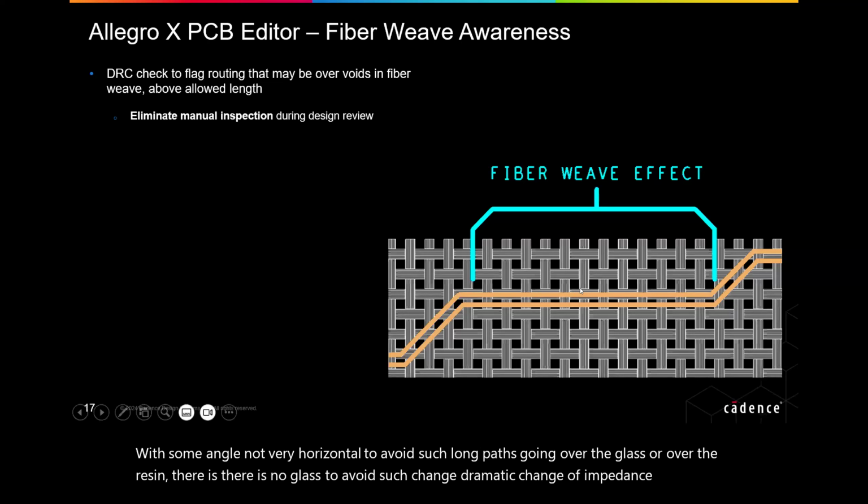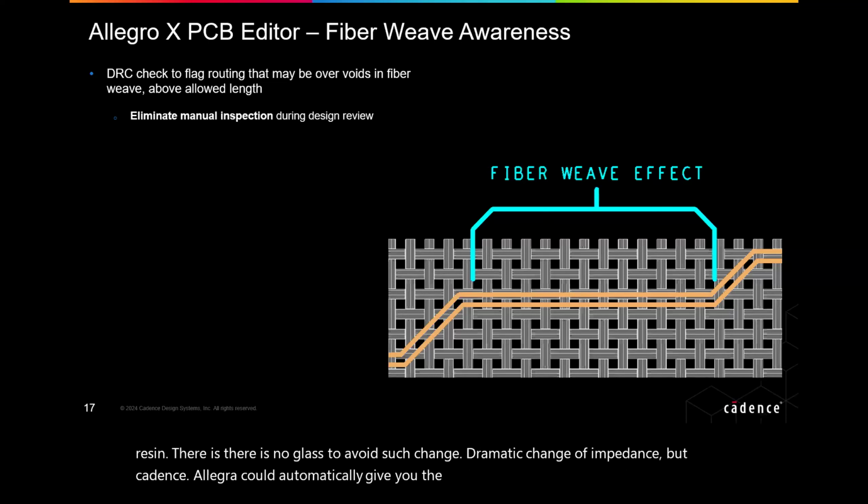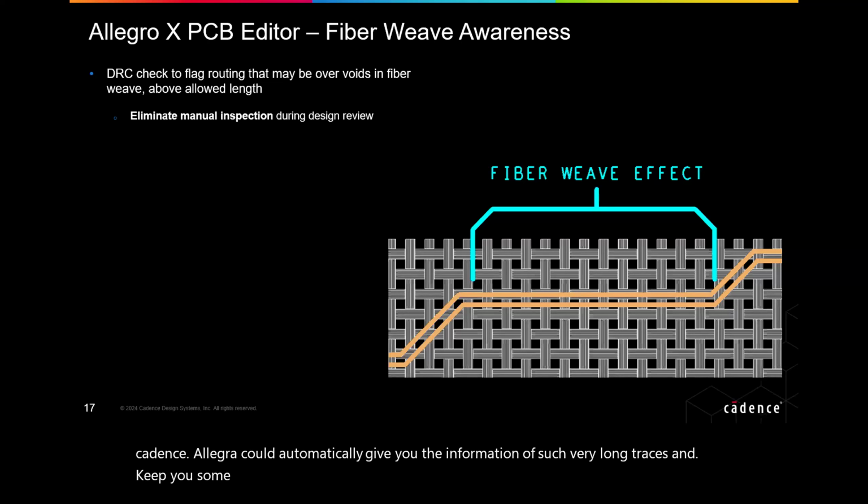But Cadence Allegro could automatically give you the information on such very long traces and save you some time for your manual inspection. That's very important.